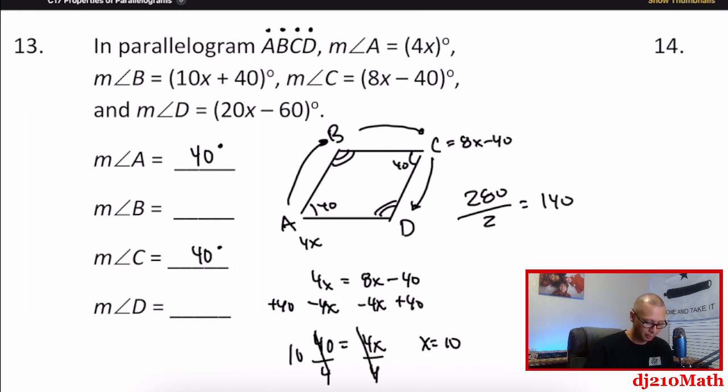So B and D are both 140. Could we verify that? Sure, you could pause the video and verify it. Technically we could have just plugged in 40 there, but it's all relative to what you see first. That's what I saw first.